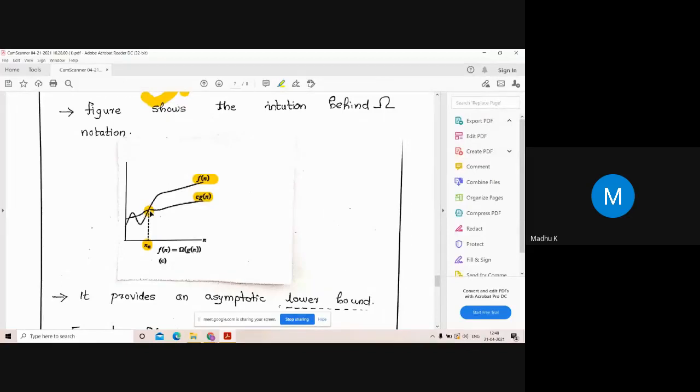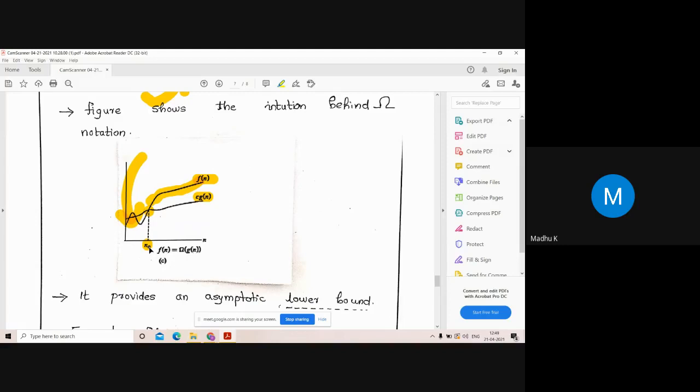So f of n should be greater than or equal to. This is the curve of f of n, and it should be greater than or equal to c into g of n after n0. Okay. Before n0, it may be less than this section. You can note this section. Before n0, f of n may be less than c into g of n. No problem.